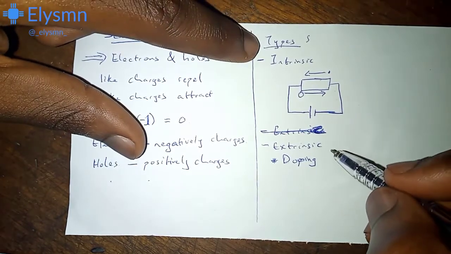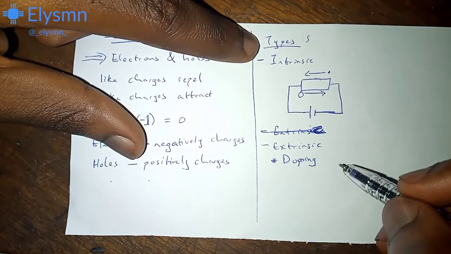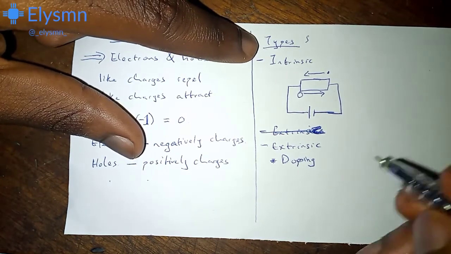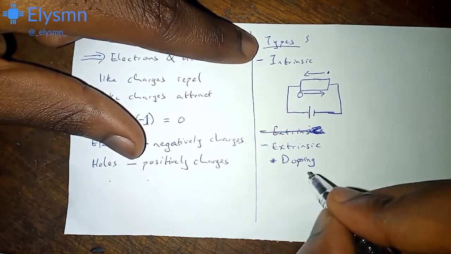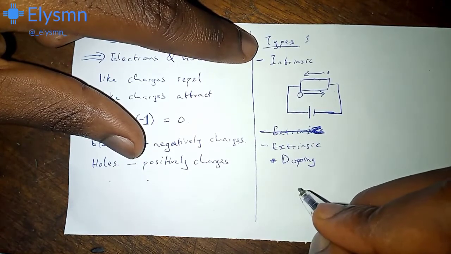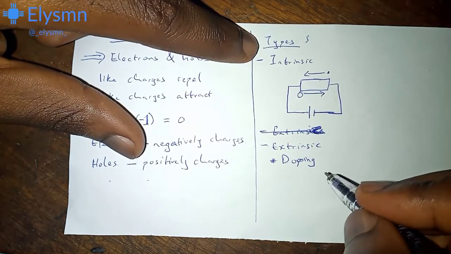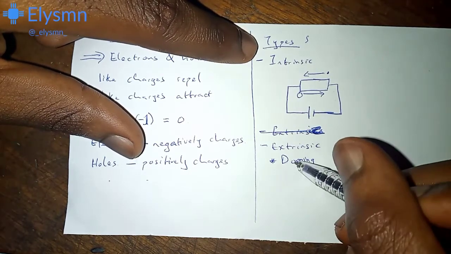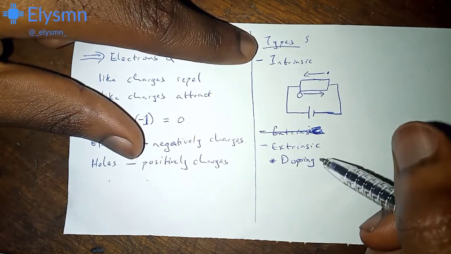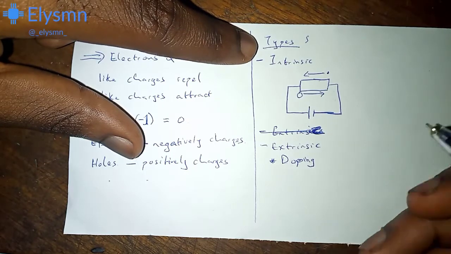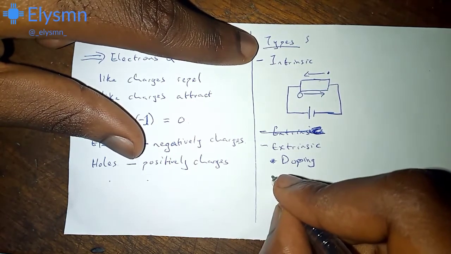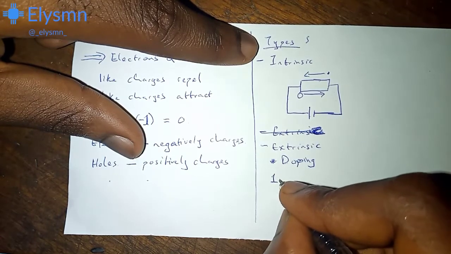a more conductive semiconductor. So now for doping, we have two types of doping. We have the addition of pentavalent elements and addition of trivalent elements. When pentavalent elements are added to a pure semiconductor, you have an N-type extrinsic semiconductor.